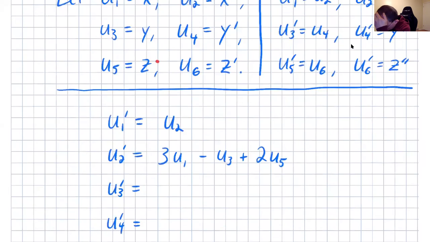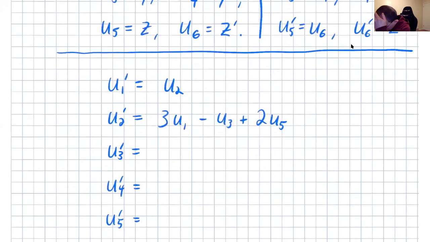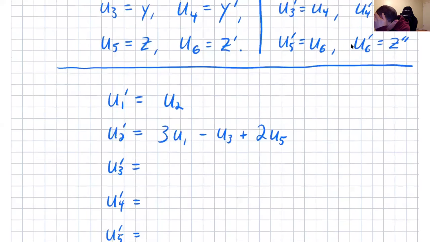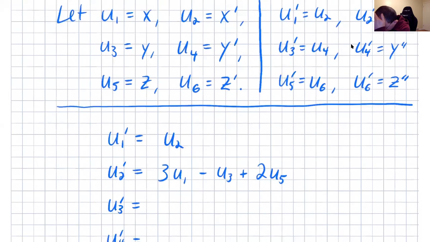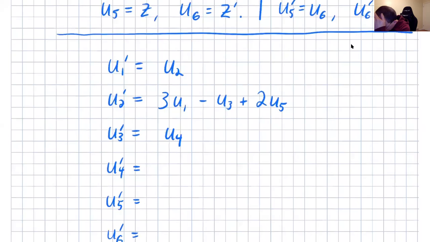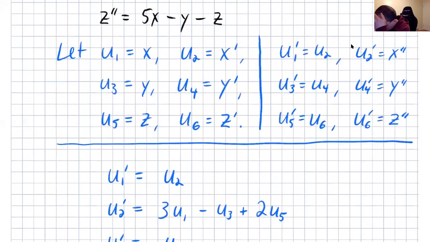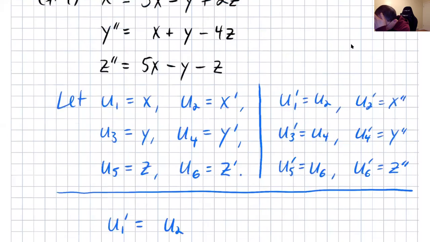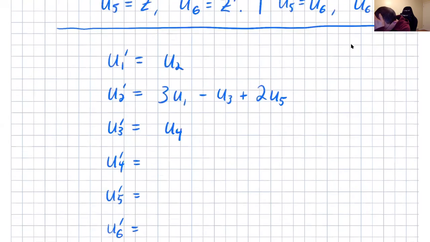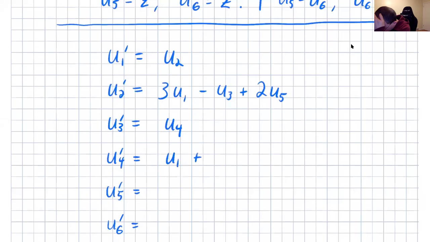Okay, u3 prime is equal to u4. u4 prime, that's y double prime, x plus y minus 4z.